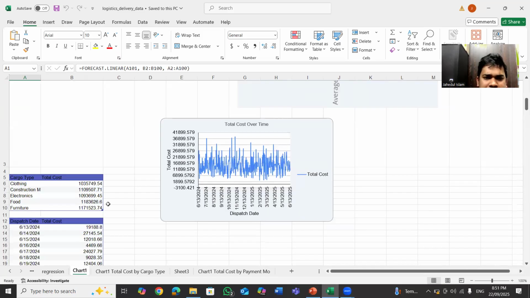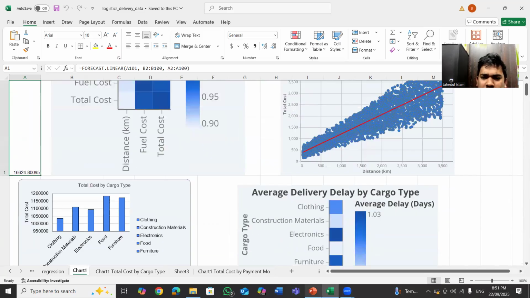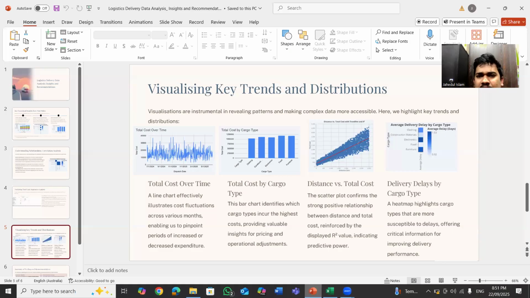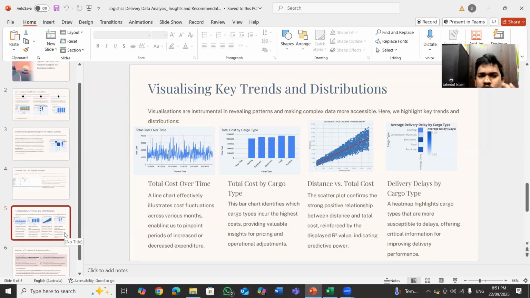So here we talk about this distribution and trends. And if I talk about total cost over time, a line chart effectively shows cost fluctuations across days and months, enabling us to and all.